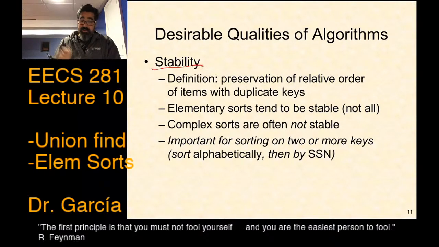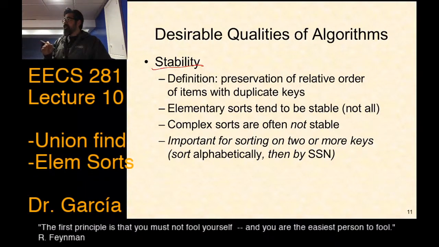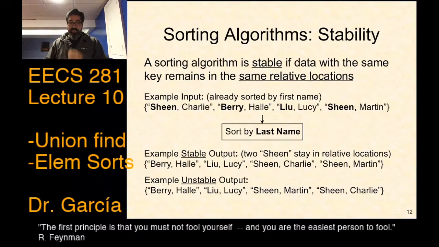Okay. So stability basically means that if you're looking to sort two things that have the same key, okay, and you pass and they come out, let's look at this by example, right? Because I have an example and this is much better to see. It's actually not a hard concept, but it's easier to see by an example.